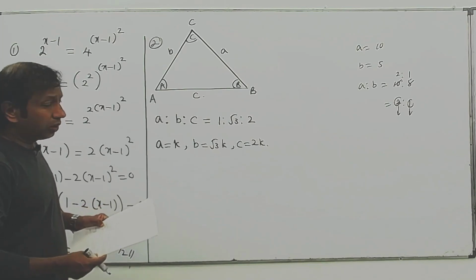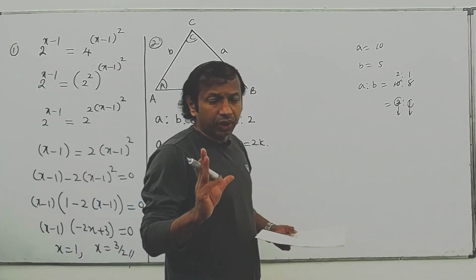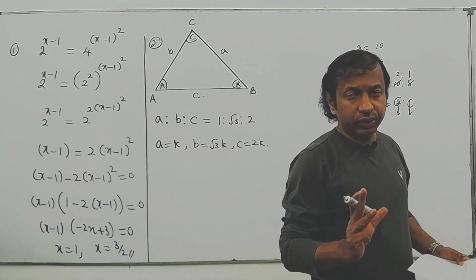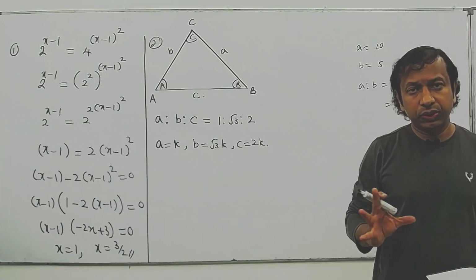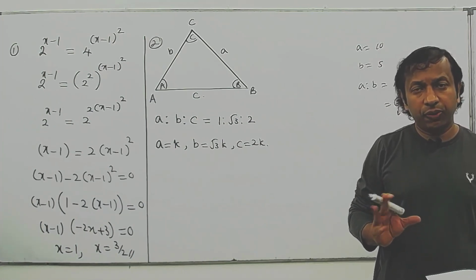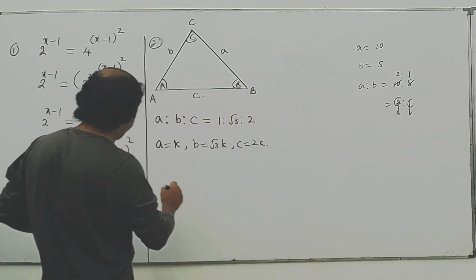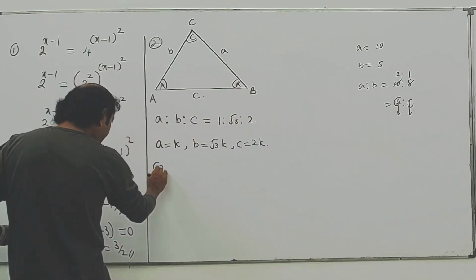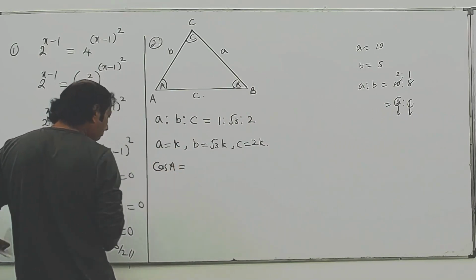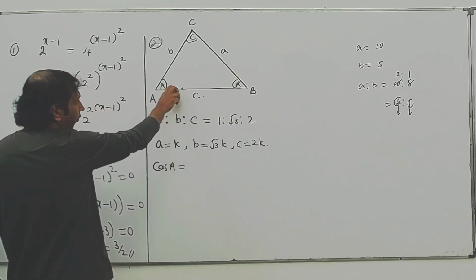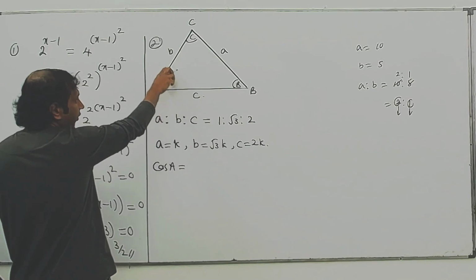Now people, we learnt the cosine rule under trigonometry, cos A, cos B, cos C. So what is cos C there? Can you remember cos C? How do we write it? When we write cos A, its adjacent sides are b and c.